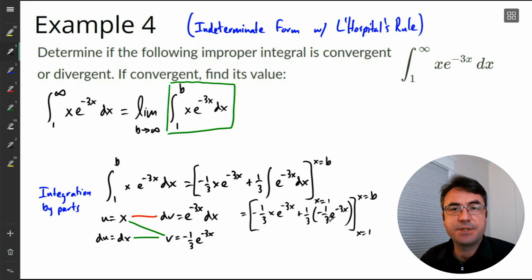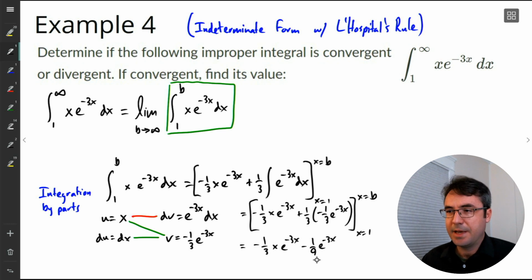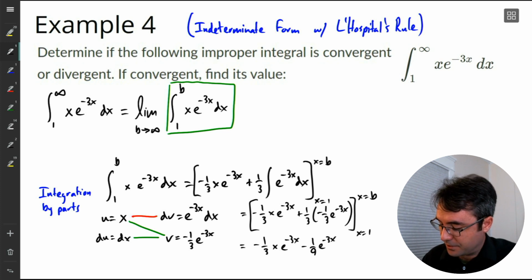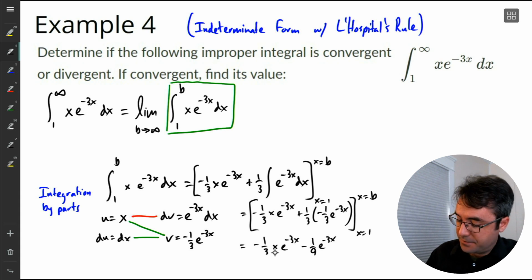And maybe before we evaluate, simplify as much as you can. So the 1/3 times the -1/3, I'd probably write that as -1/9. And you know what, looking at this, it might even be better to factor this. So when we look at this, there's a -1/3 e to the -3x here, and a -1/3 e to the -3x here. We can factor that off.